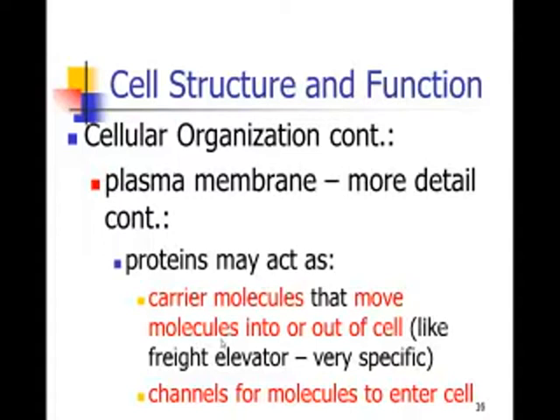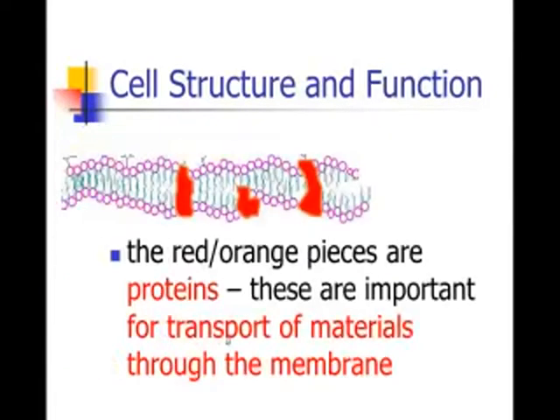And they also are very selective as to what can go through. Typically, the things that go through the pores of a cell or the channels of a cell are relatively small. Okay, so again, the red are going to be the proteins, and we have transport going through at those sites.